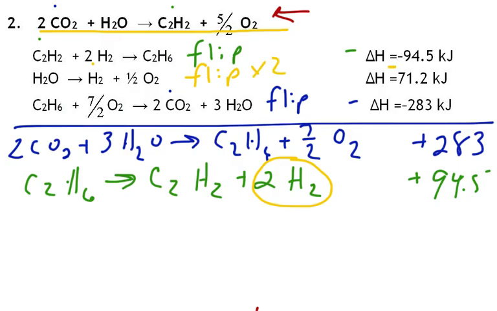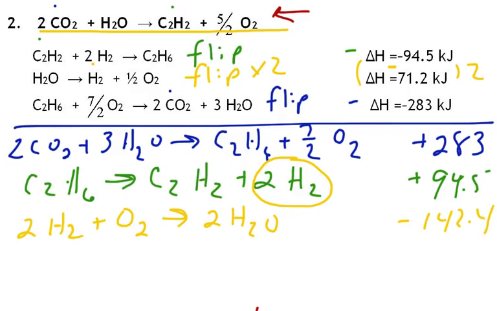So now we have a negative 71.2 times 2. So now we have 2H2 plus 1O2 going to 2H2O. And then when you go 2 times negative 71.2, that gives you a negative 142.4.